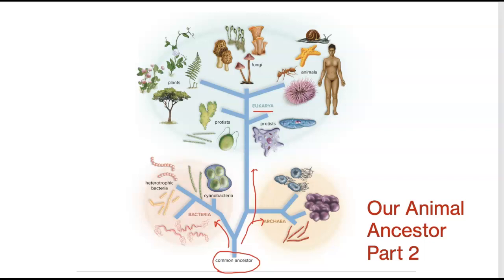Like I was mentioning before, we use this information we've gained to construct this evolutionary tree. Or the fancy word is a phylogenetic tree that shows the three domains of life.